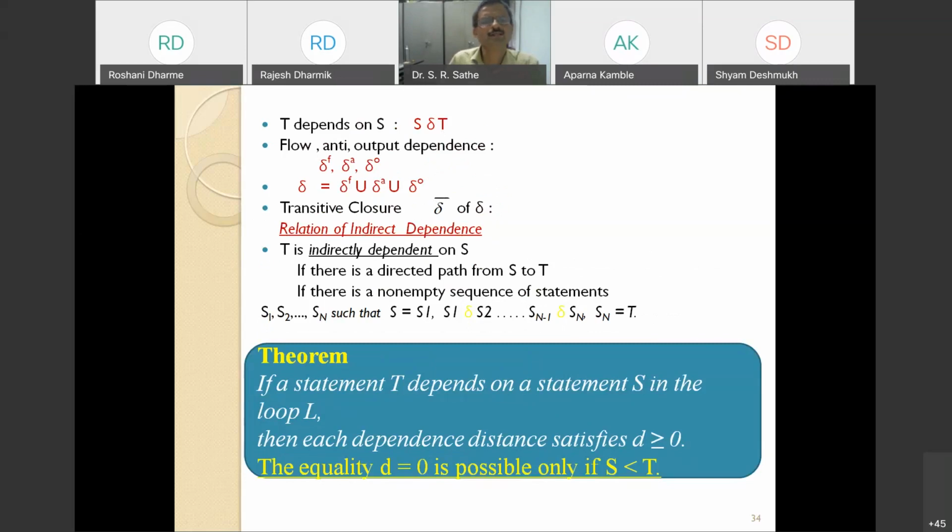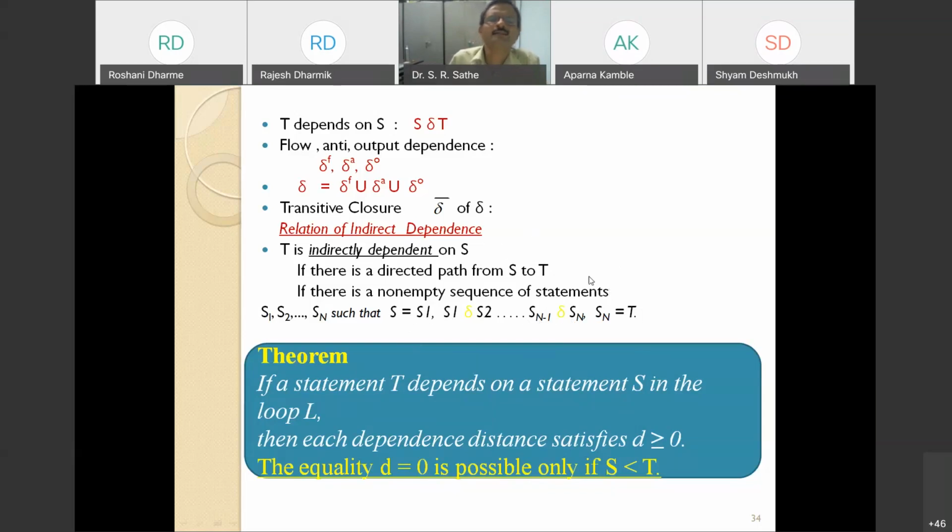Indirect dependence means there are statements S1 to Sn, and there is a directed path from S to T. So there is a sequence of statements S1 delta S2, delta S3, delta Sn minus 1, delta Sn, where the first statement S is S1 and the last statement is Sn equal to T. What effectively I am trying to say is S2 depends on S1, S3 depends on S2.